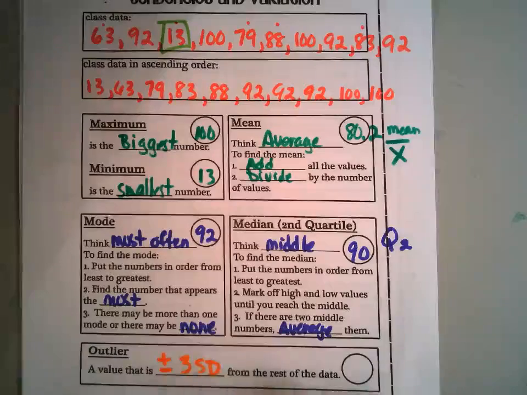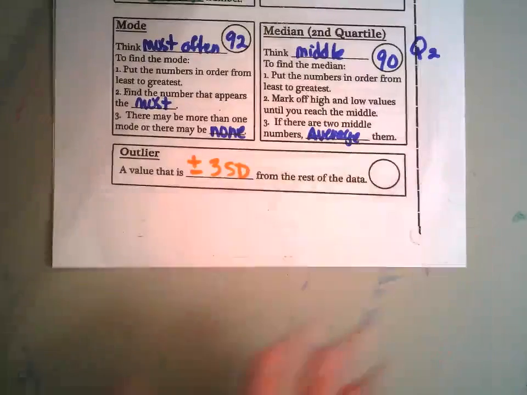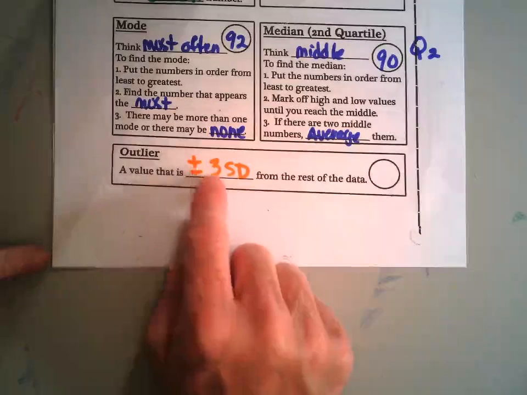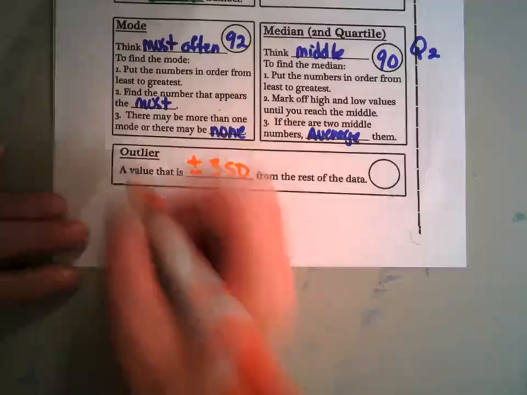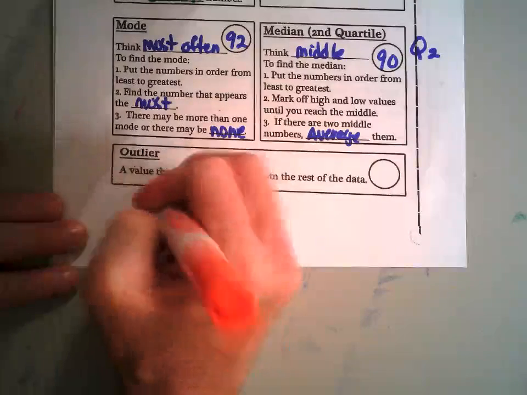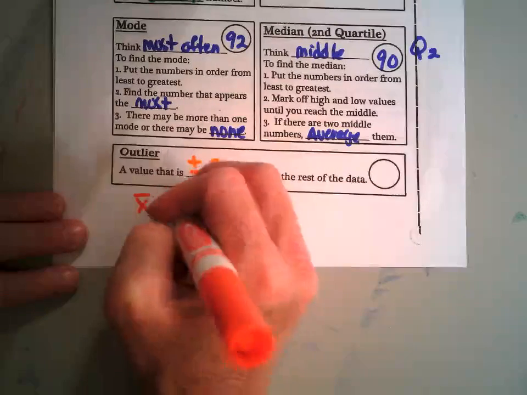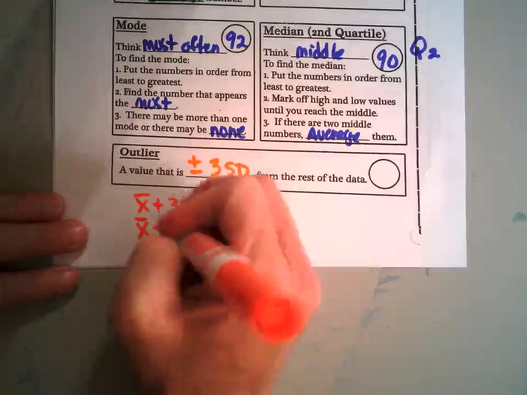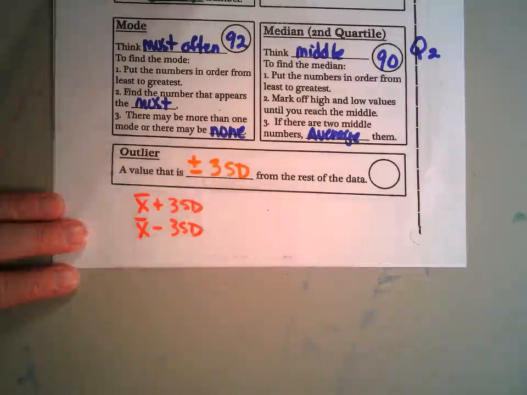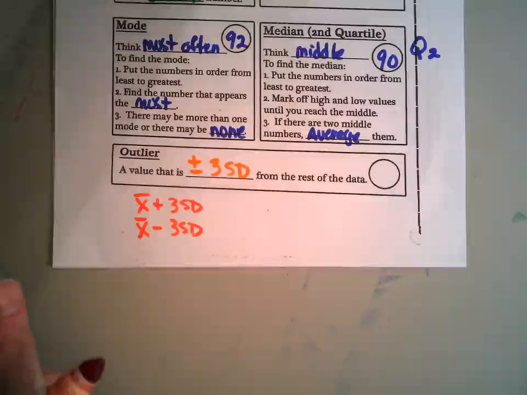Well, the outlier is actually a calculable piece of data. It's a value that's outside a range. So you take the mean, x bar, plus 3 standard deviations, and x bar minus 3 standard deviations, and that gives you a range. We need the data from above.